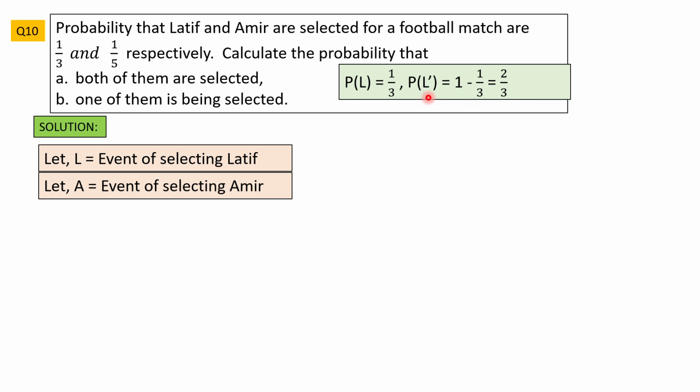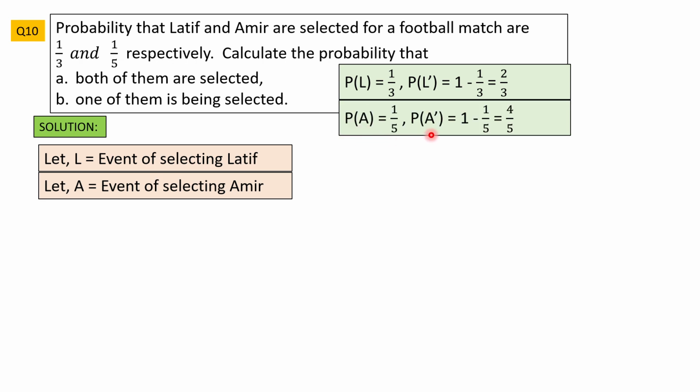That means not being selected will be 1 minus 1 over 3, which equals 2 over 3. For Amir, the probability of being selected is given as 1 over 5, so the probability of not being selected will be 1 minus 1 over 5 equals 4 over 5.